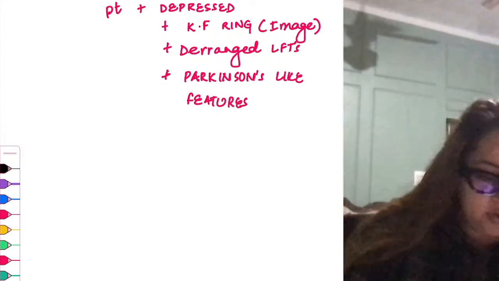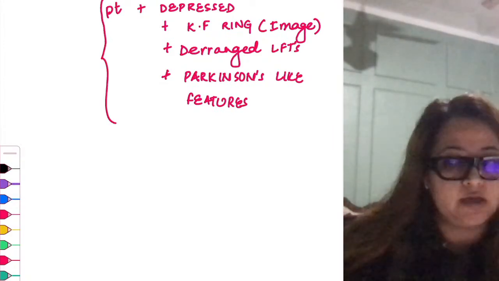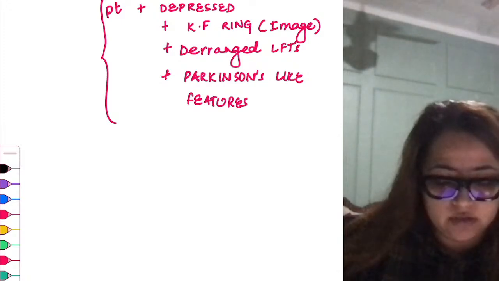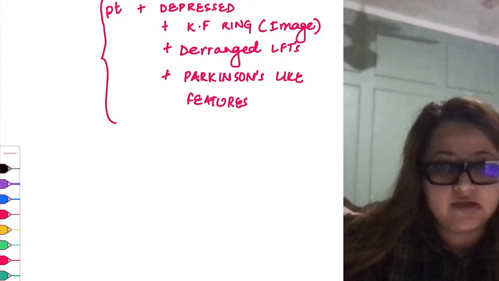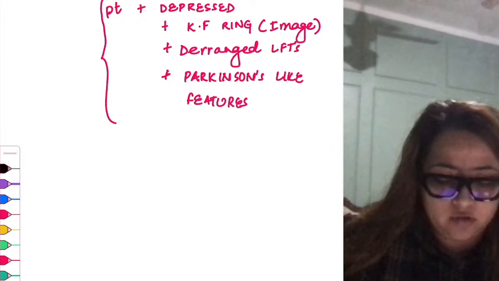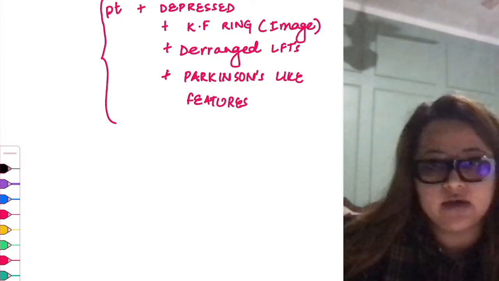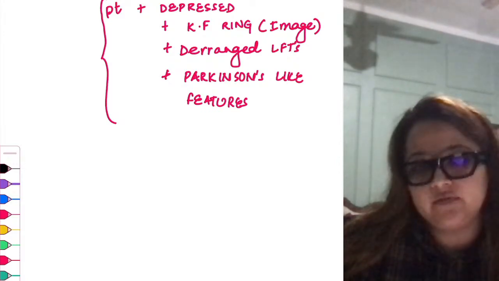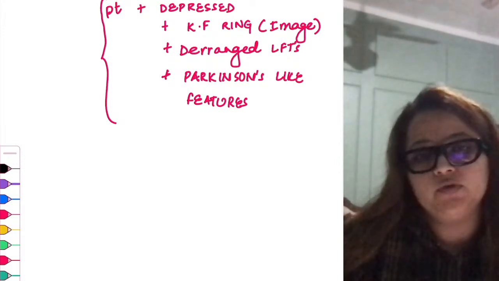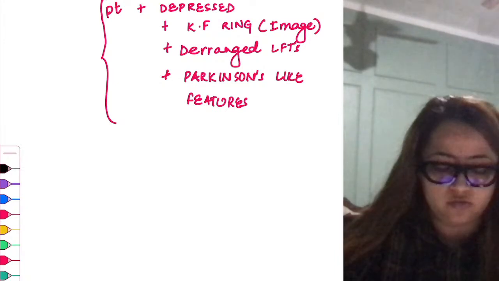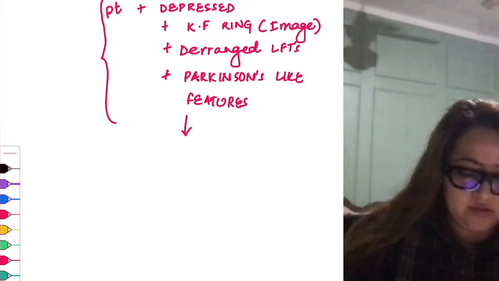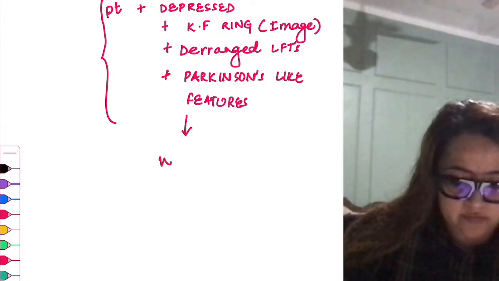So this is a very important kind of history that could be given to you in the question, okay? So new onset depression, along with that the finding in the eye, the image. Then when you see the LFTs, they are deranged and the patient shows Parkinson-like features, for example, tremors, bradykinesia, rigidity. These could be seen. This is the kind of history that you expect in a patient who is having Wilson disease.